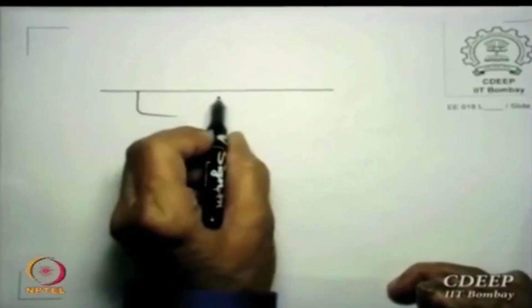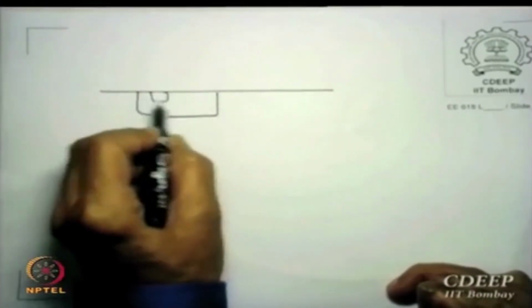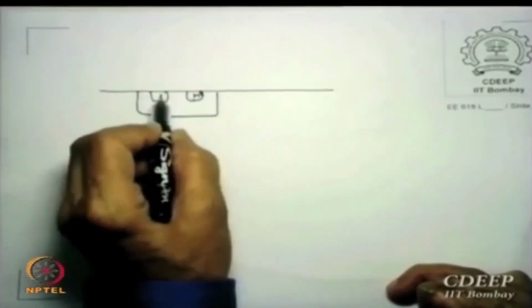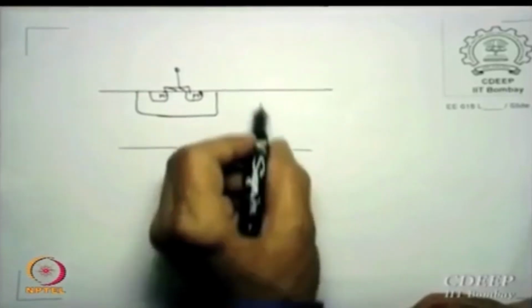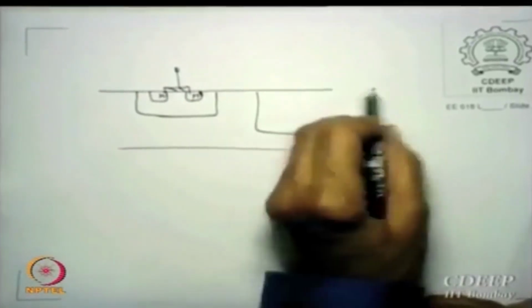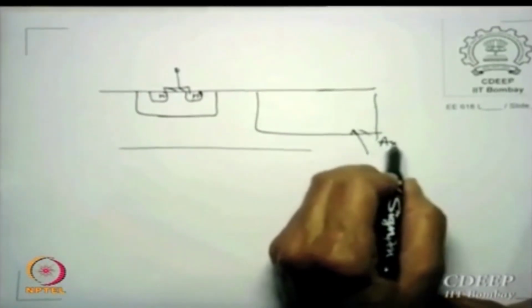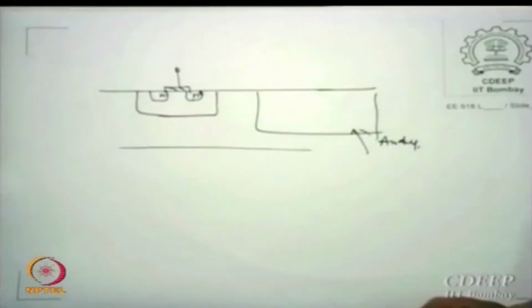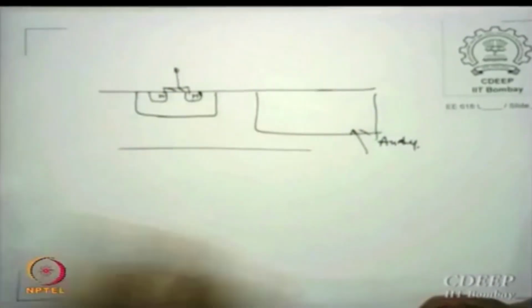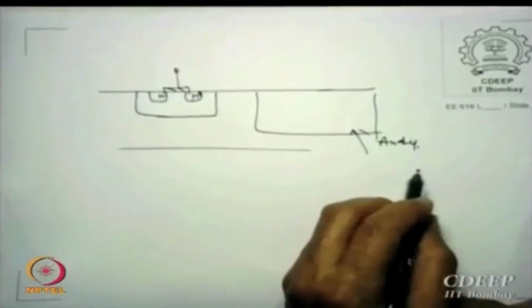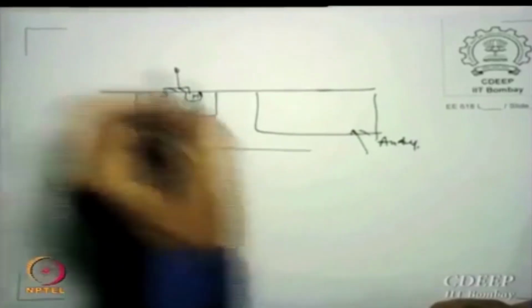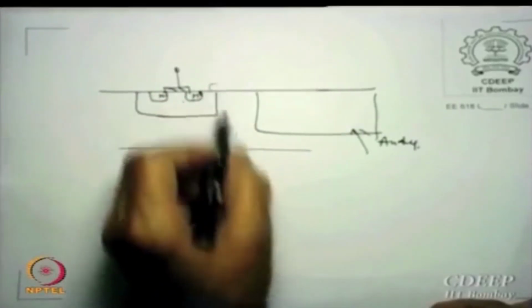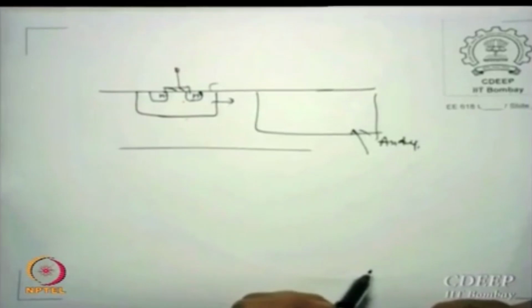You have an n-channel device, let us say, sitting here in a substrate, and this area is for analog. This whole area is digital, and this is the analog area. Please remember, any such circuit here will be constantly connected to this substrate through capacitive coupling.